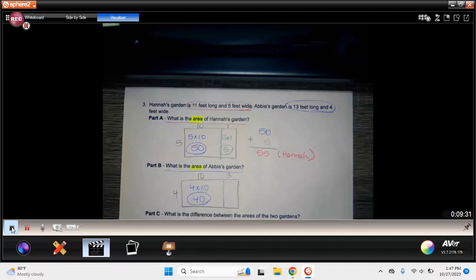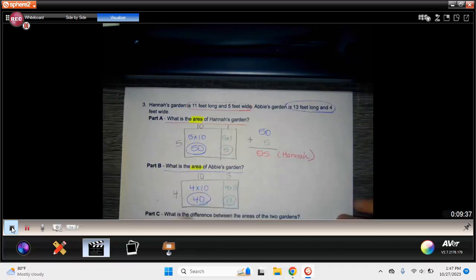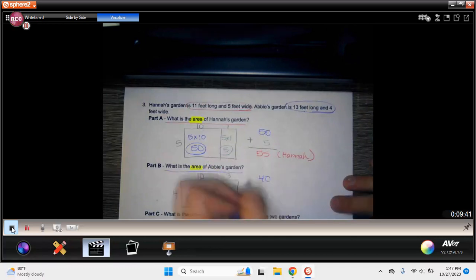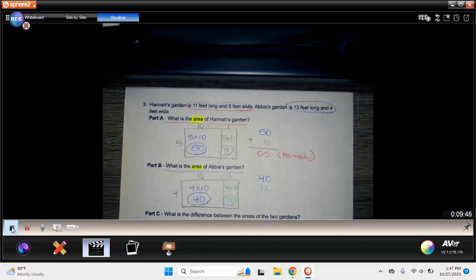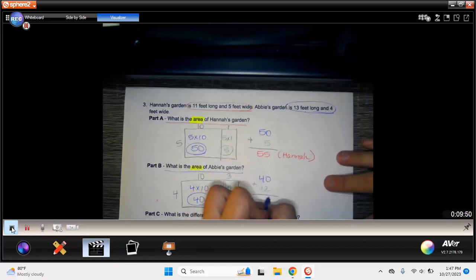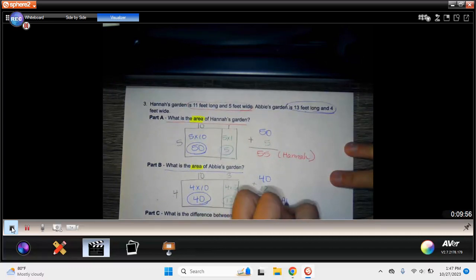I'm distributing this 4 to this 3. 4 times 3, which is 12. I am going to put these together now. 40 plus 12 is 52, and that is Abby's garden.